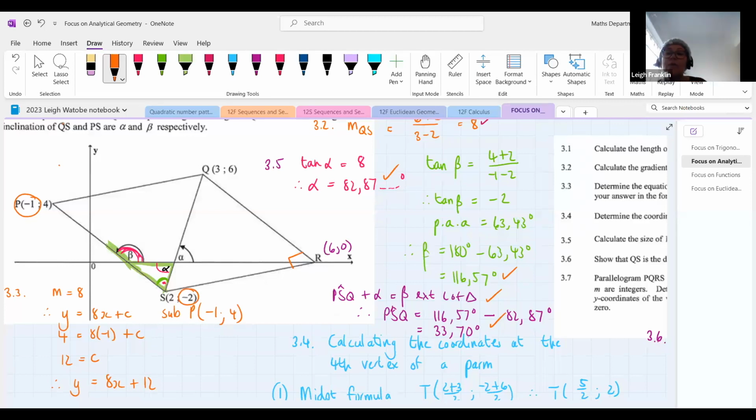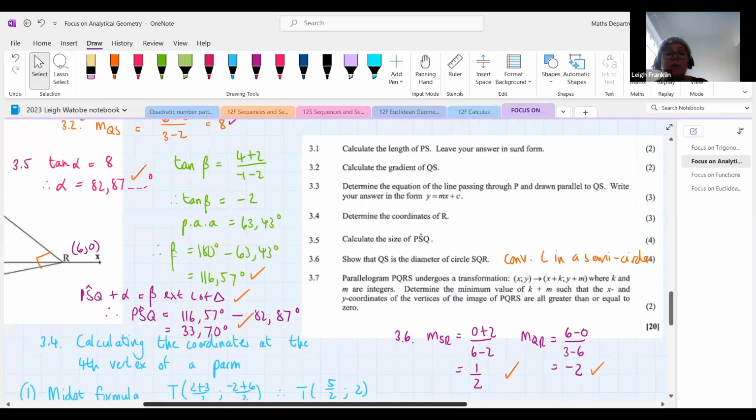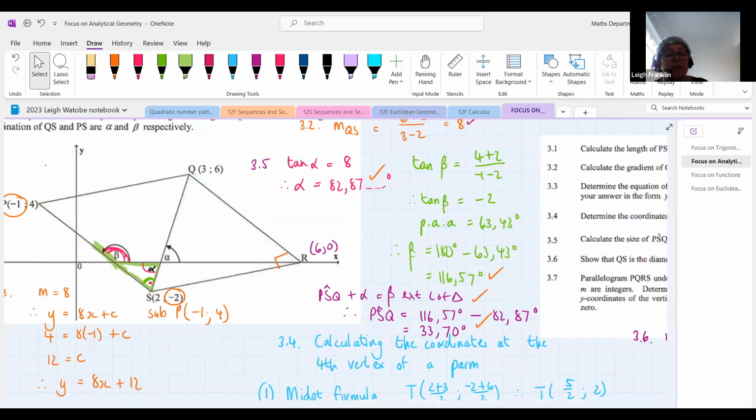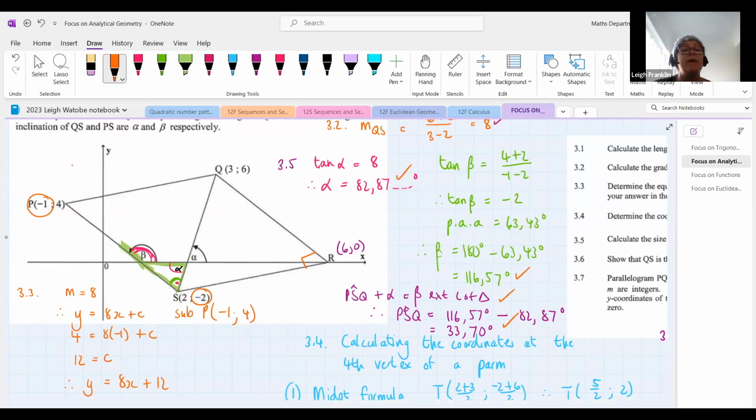So what they are implying by this weird question is that the translation that would have to take place here is that this parallelogram would need to be moved a minimum of 1 unit to the right, so that this -1 isn't a minus anymore, and a minimum of 2 units up, so that this -2 is not a -2 anymore. Does that make sense to everybody? And I'm sure it doesn't, because it's a crazy question. But that's what they're getting at.